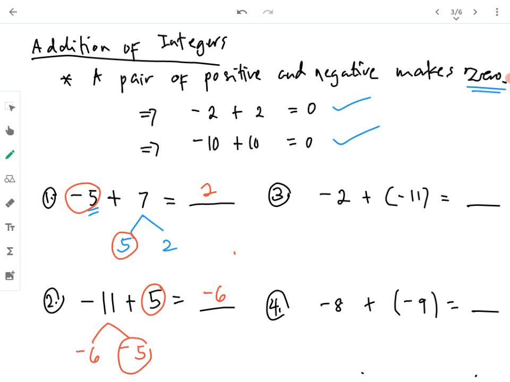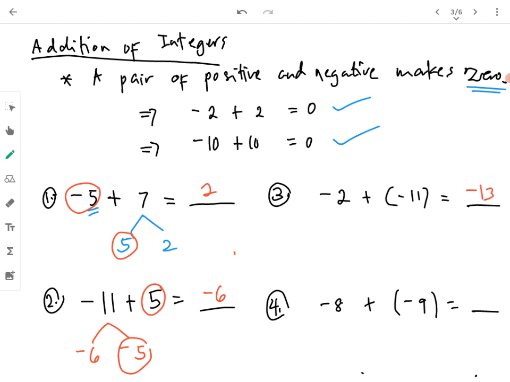Number 3 is different from number 1 and number 2. In number 3, we have negative 2 plus negative 11. Since we cannot make zeros because they are both negative, imagine you're simply adding two negatives with 11 negatives. So you have 13 negatives, or negative 13.